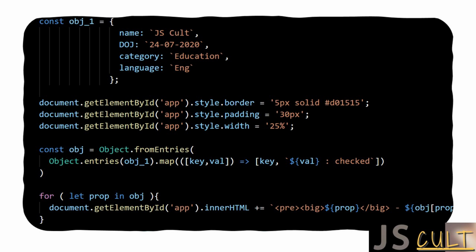So this map function will not change the keys like names, DOJ, etc., but append the example text that is checked in this case to each of the values, that is JSCult, education, etc. Finally, if we pass this into the fromEntries method, it will return a similar object with the values modified as we expected.